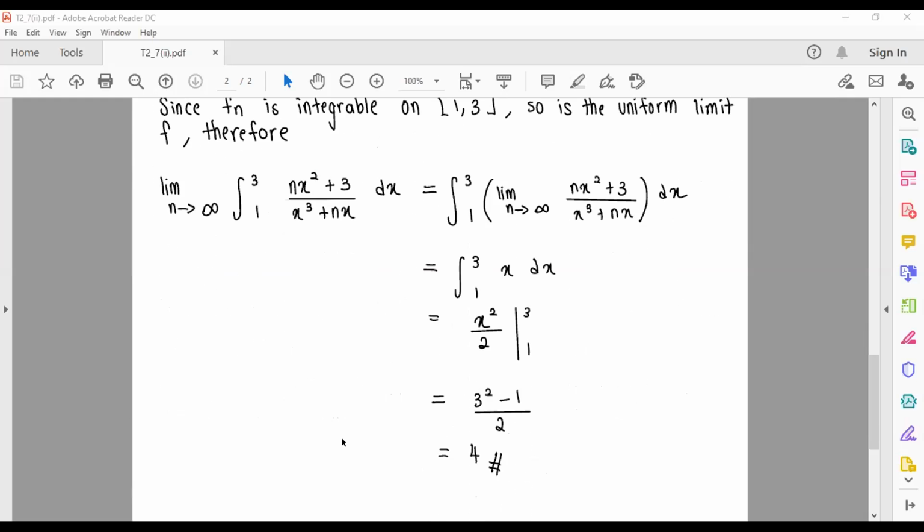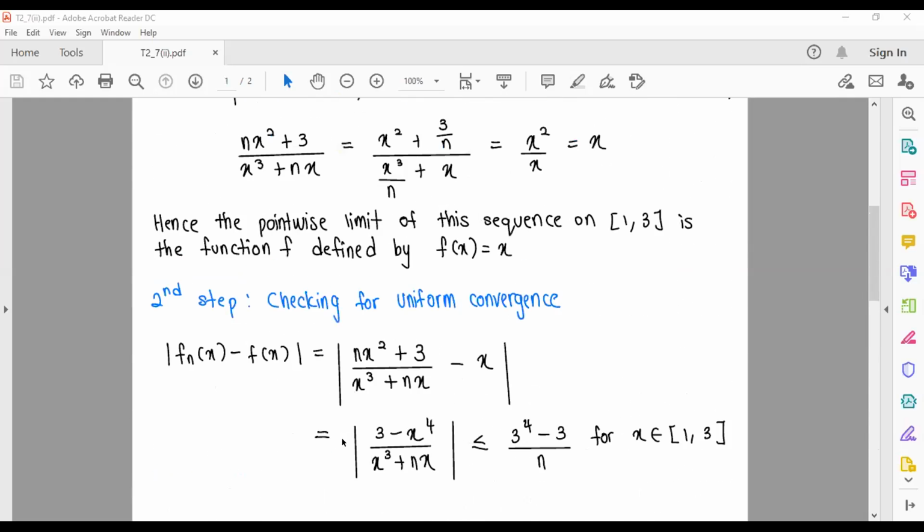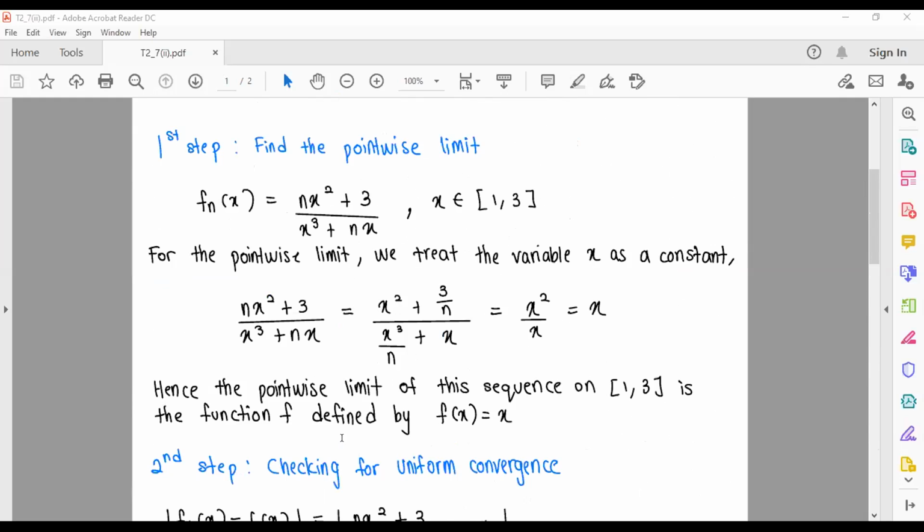Okay, Farah, can you move further up? When you show the pointwise limit, it's equal to x.